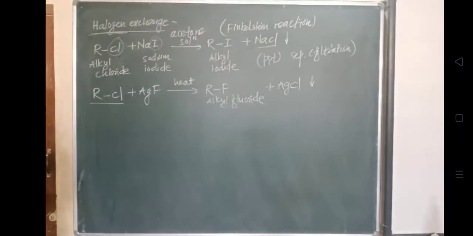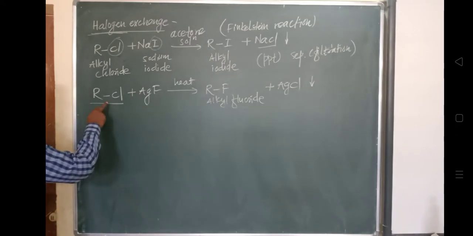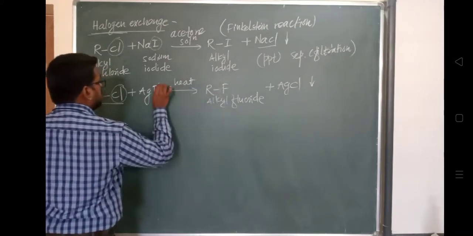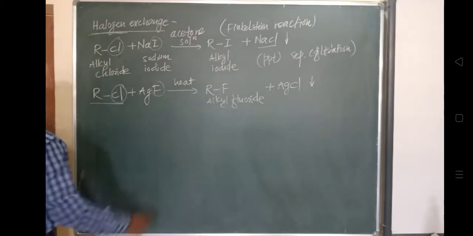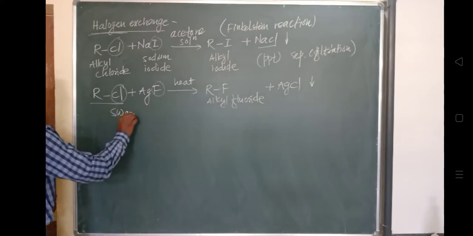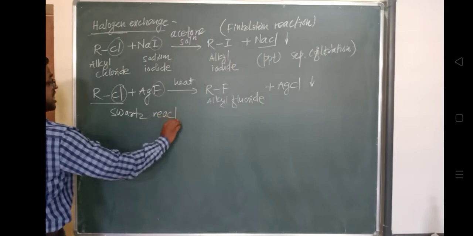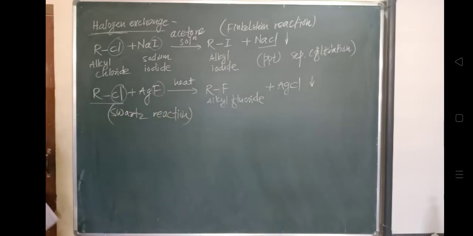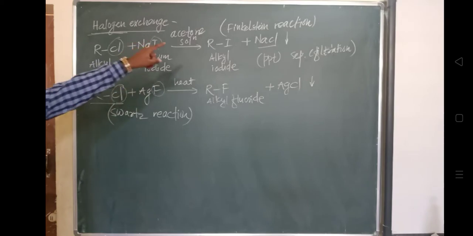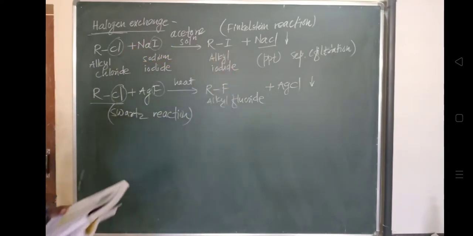In the second reaction, the chlorine of alkyl chloride is replaced by a fluorine atom, forming alkyl fluoride. Heat is required, and this reaction is called the Swarts reaction. Replacing chlorine using a metal fluoride is the Swarts reaction, and replacing it with iodine from sodium iodide is the Finkelstein reaction. So this is called halogen exchange.